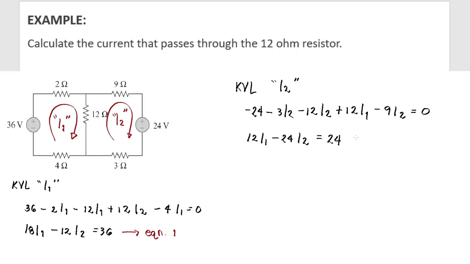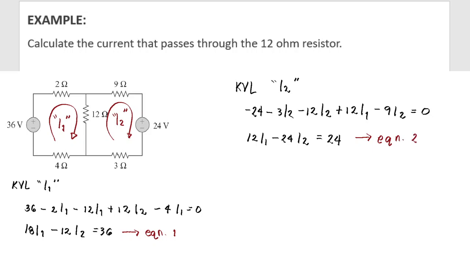If you do not know how to use the calculator in solving simultaneous equations, and for this example, 2 unknowns, then search for tutorial videos so that our solution will be minimized and be more accurate. So this is our equation 2.